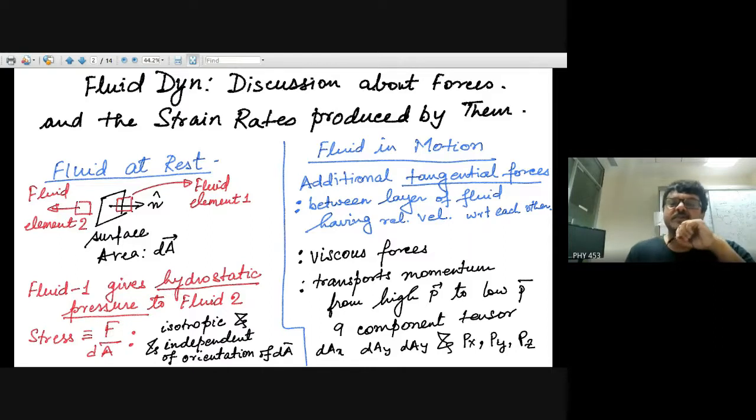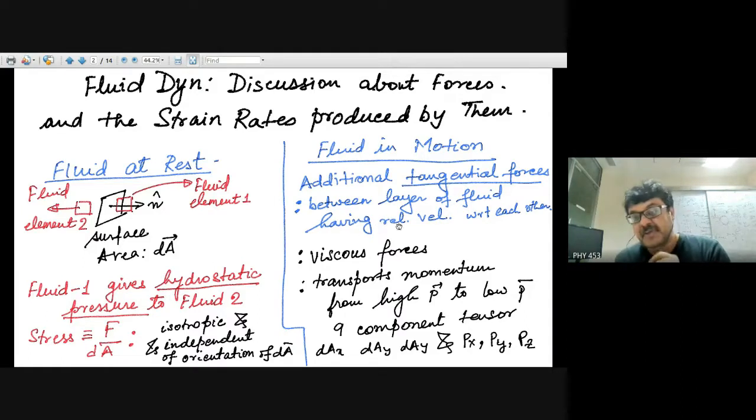And that could act between layers of fluid having relative velocity with respect to each other, del Vx, del Vy. And these forces are viscous forces in origin.